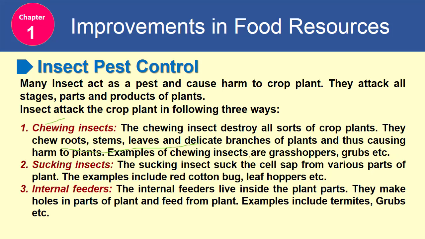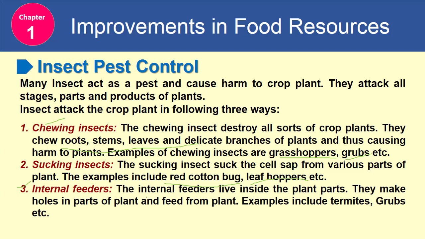Examples of chewing insects are grasshoppers, grubs, etc. Second is sucking insects. The sucking insects suck the cell sap from various parts of plant. The examples include red cotton bug, leaf hoppers, etc. Third is internal feeders.